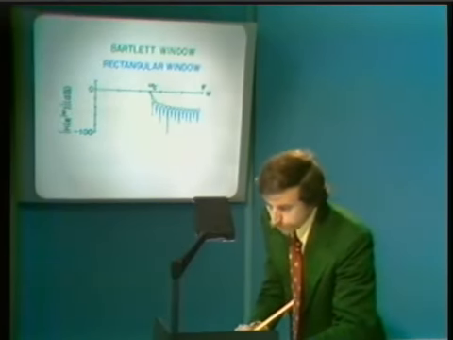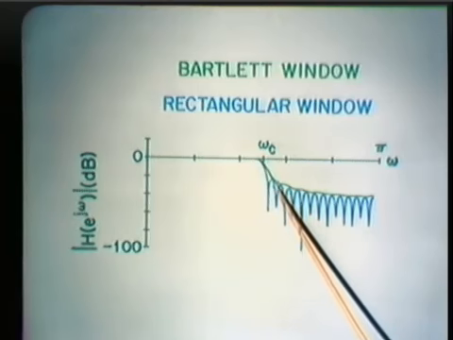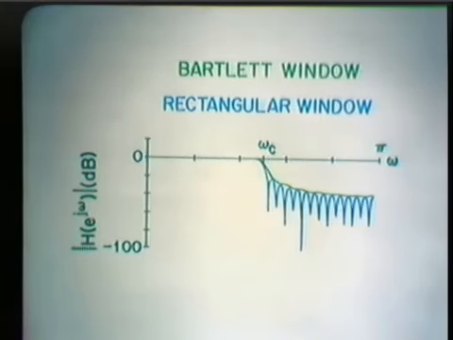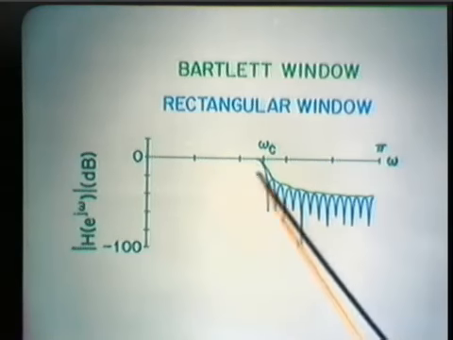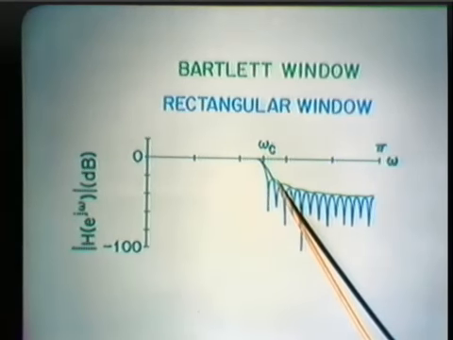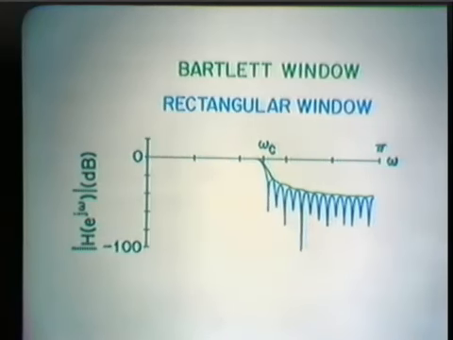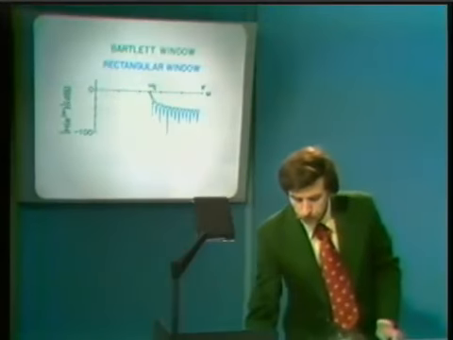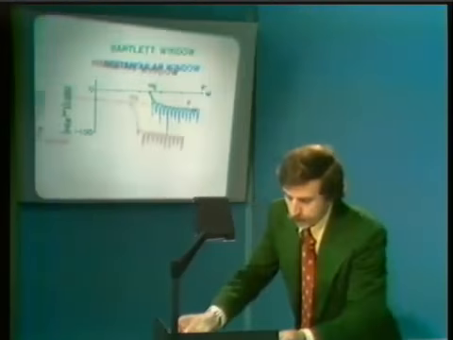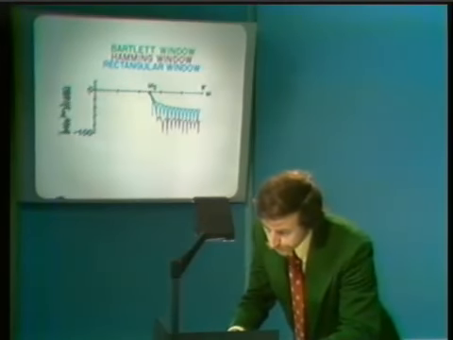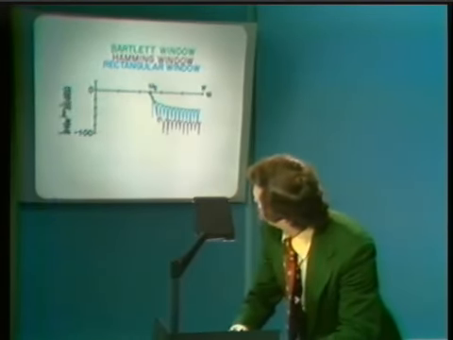So the rectangular window lies slightly under, or actually asymptotically touches, the frequency response obtained from the Bartlett window. But for the Bartlett window, the ripples in the stop band aren't as severe as they are for the rectangular window. Now, to compare both of these to the Hamming window, we can put on top of this the frequency response for the Hamming window.